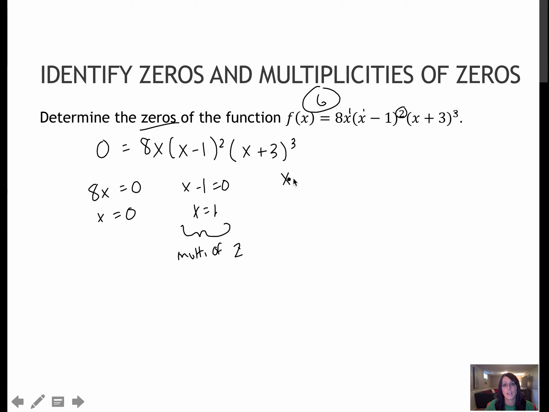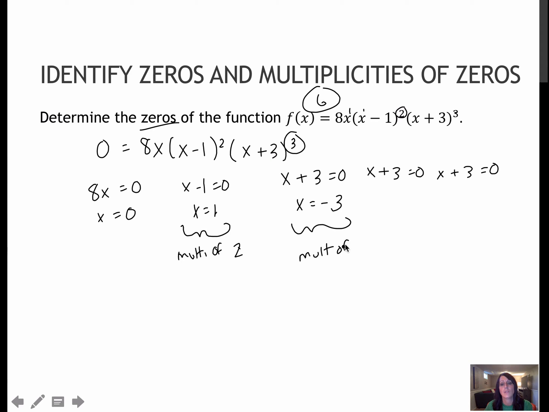My last one, x plus 3 equals 0, I would subtract 3 from each side and get x equal negative 3. But that happens 3 times. So instead of writing it out 3 times and doing the work 3 times, I say this has a multiplicity of 3. Now, multiplicities will make more sense once we start to graph as to why those are important.